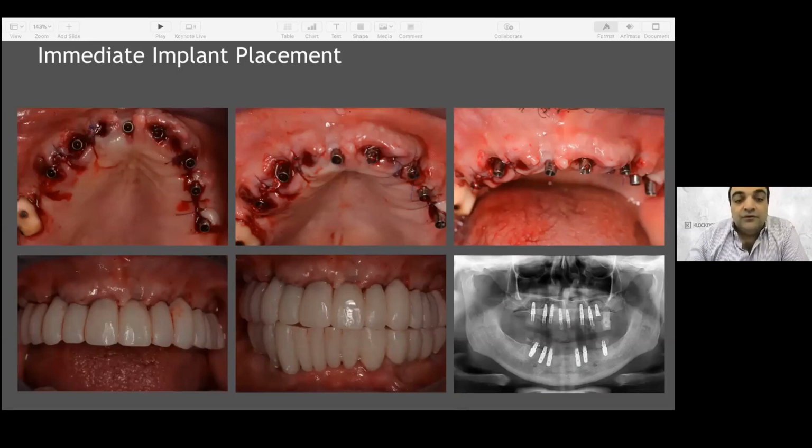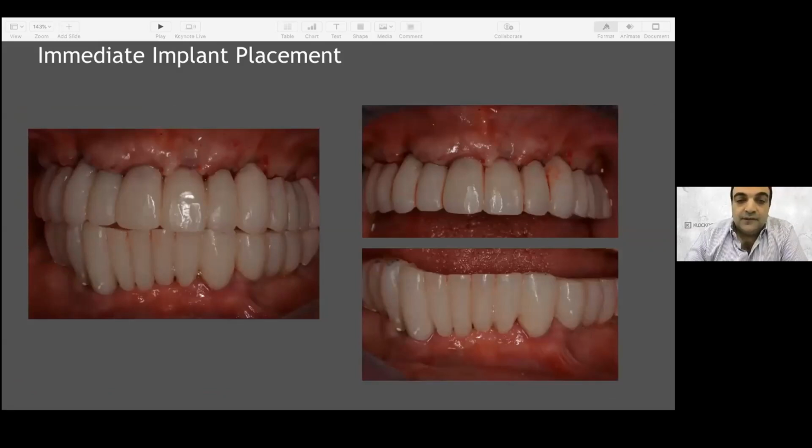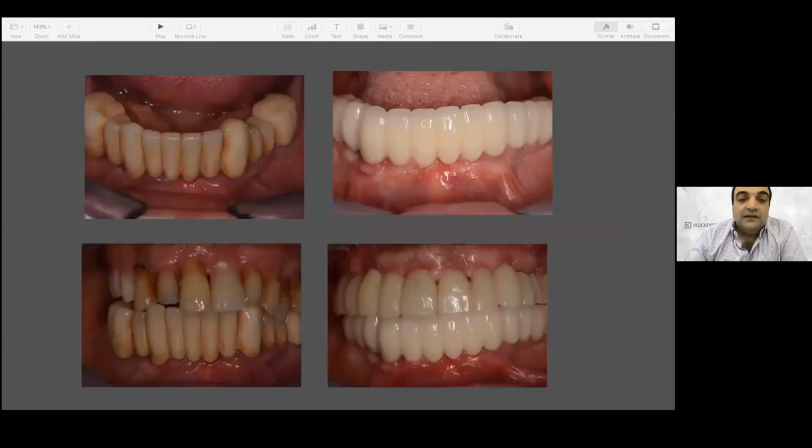And for sure, we immediately delivered his full temporary bridge. And before he left, we did his final restoration for the lower mandible.